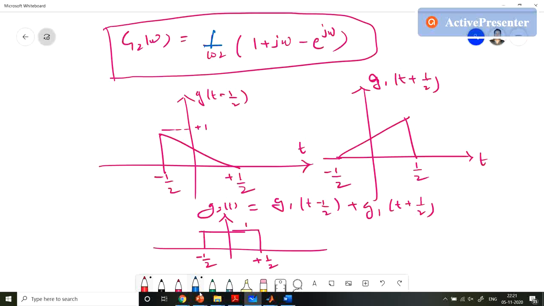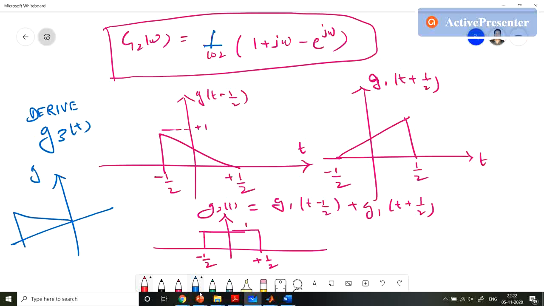Now let us derive G3t. So how will we get G3t? This is Gt minus 1 by 2. What is Gt? This is Gt. From 0 to minus 1, the amplitude is plus 1. If we shift it to the right by half unit, it will become Gt minus 1 by 2.